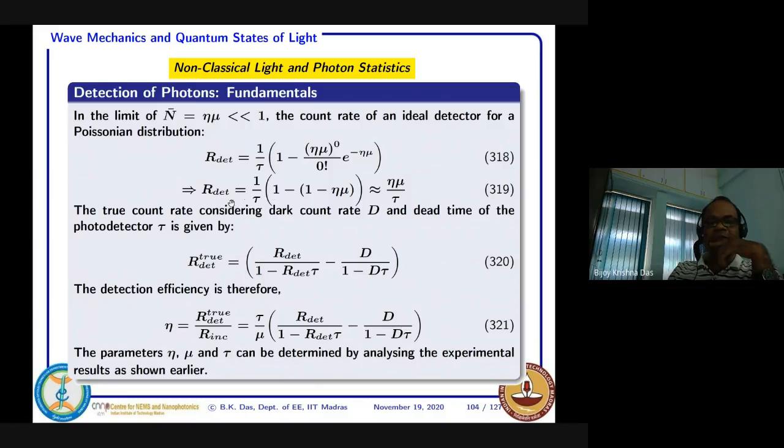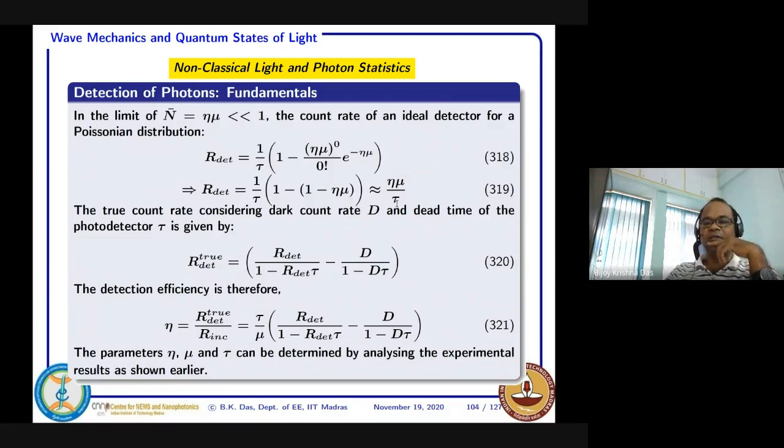In that case, you get the detection rate approximately as 1 cancels, and it is just eta mu by tau. So tau is just any time window you are measuring. We are considering that there is no dark count, no dead time, nothing.